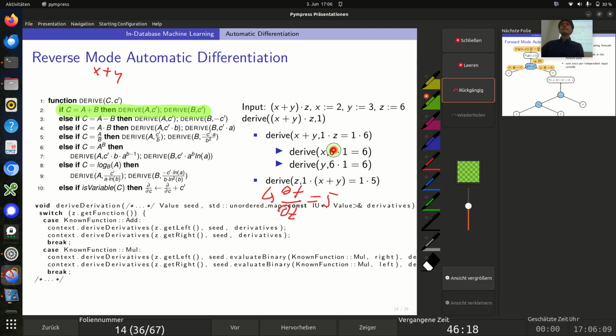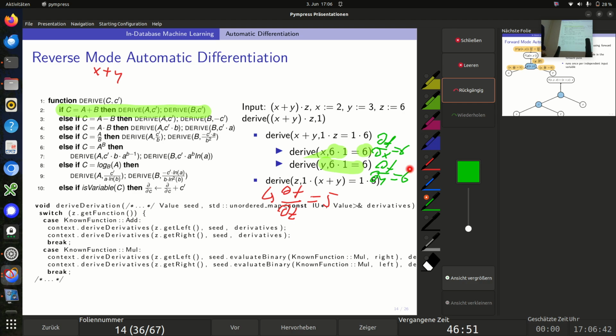So here we have the seed, and therefore we also computed the derivatives for x and y. So for x, the whole function with regard to x is 6, and also with regard to y it's also 6.